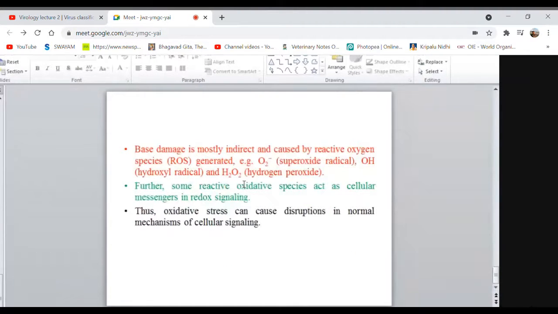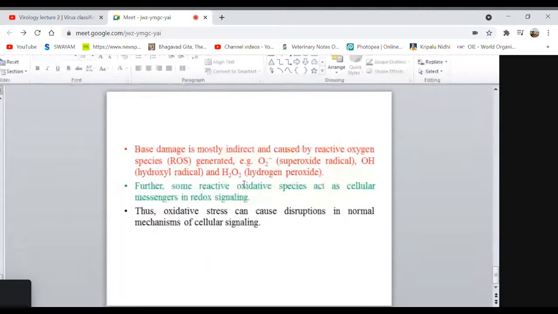This base damage is mostly caused by reactive oxygen species like superoxide, hydroxyl, hydrogen peroxide. The nitrogenous bases present in DNA as well as RNA, adenine, guanine, cytosine, thymine, all suffer damage caused by these highly reactive free radicals.